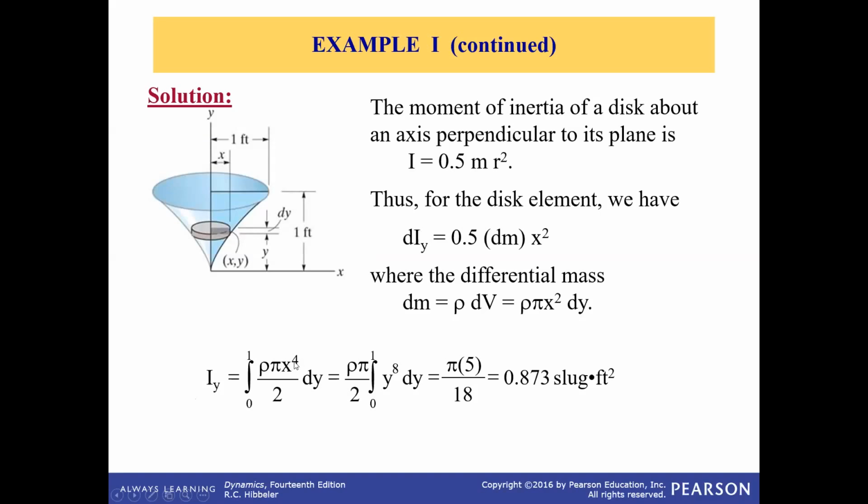You want to express this in terms of y because you are integrating with respect to dy. Rho, pi and the 2 are constants, so they go in front of the integration, leaving y to the 8th dy. The integration gives 1/9 y to the 9th power.